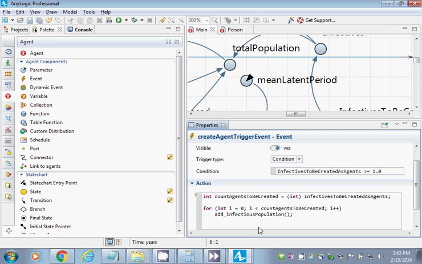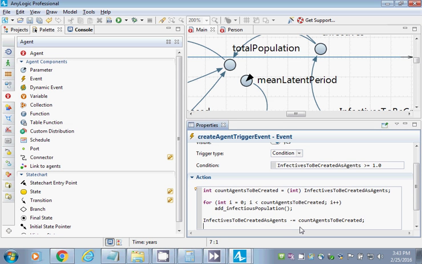So this is the action. I'll go put this on the big screen, and you can see it. Here we go. That's what it is. Okay, so what's happening here? There's a stock, ladies and gentlemen, a stock of agents to be created. That's what this stock right down here is.